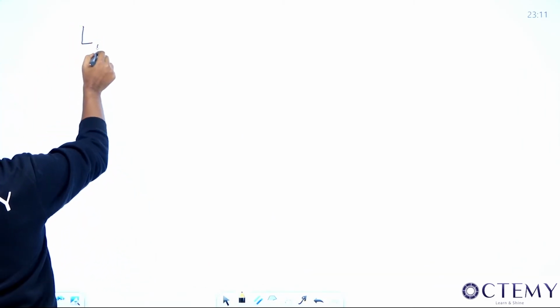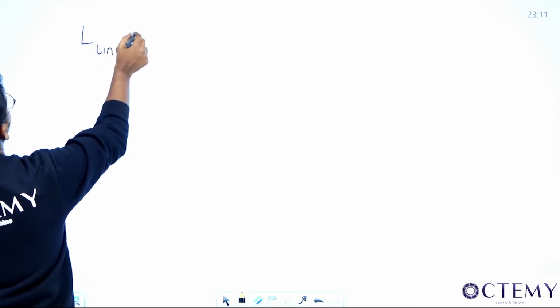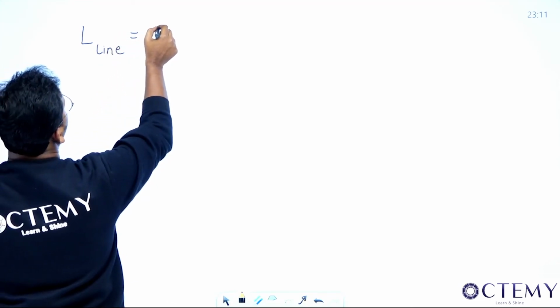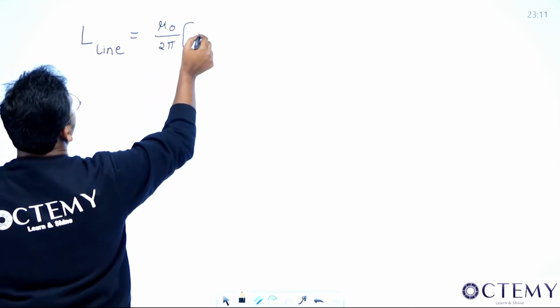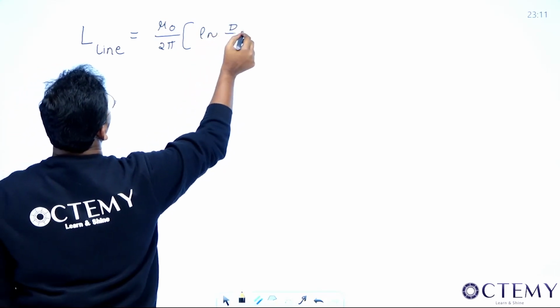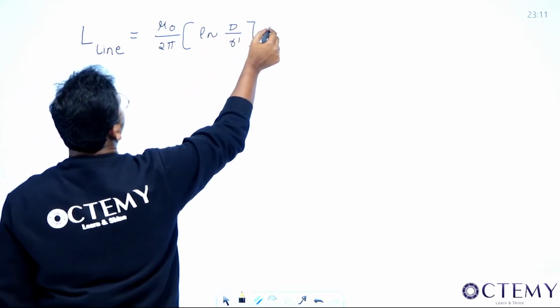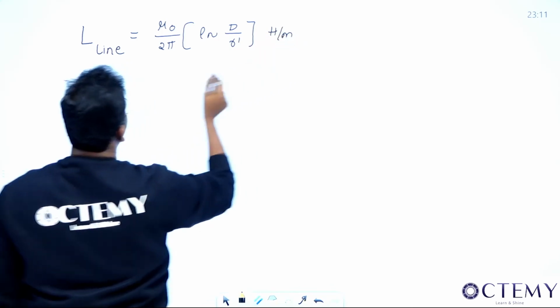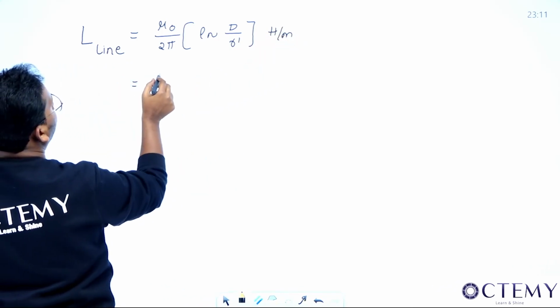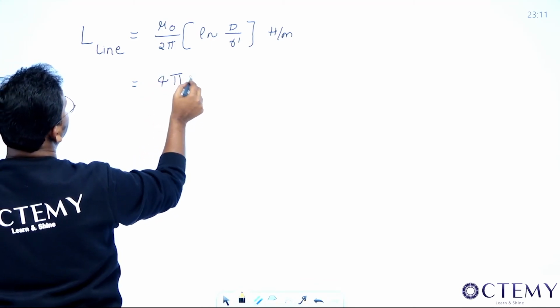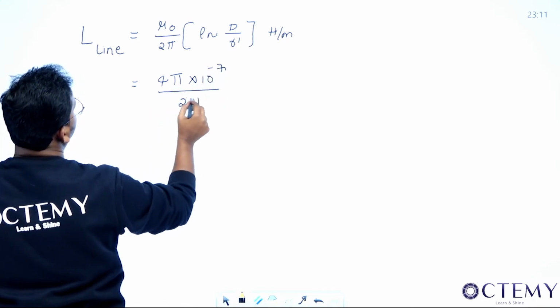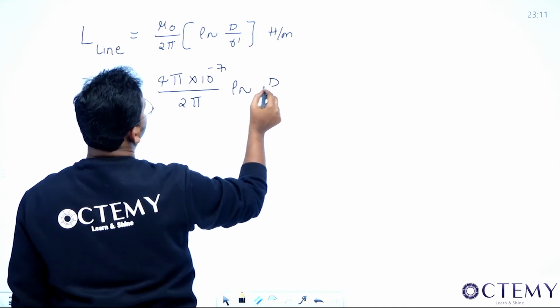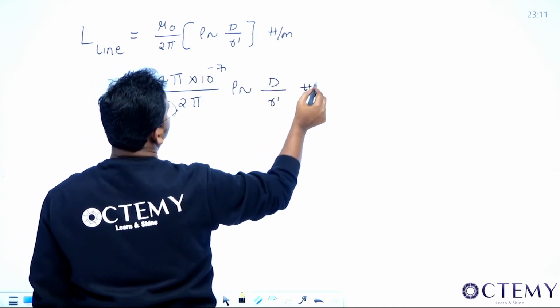So I can write this L of the line is equal to mu naught by 2 pi into ln d by r dash, Henry per meter. So I know that mu naught is equal to 4 pi into 10 power of minus 7 by 2 pi into ln d by r dash, Henry per meter.